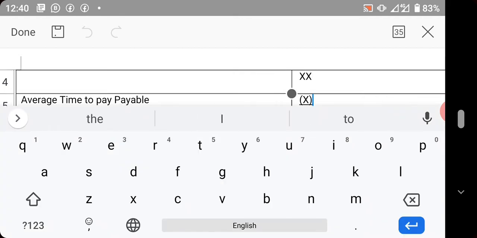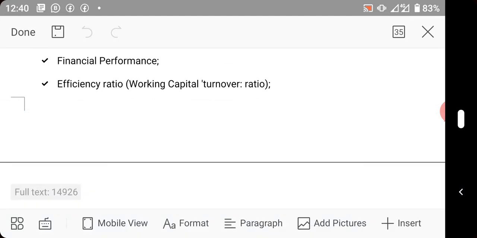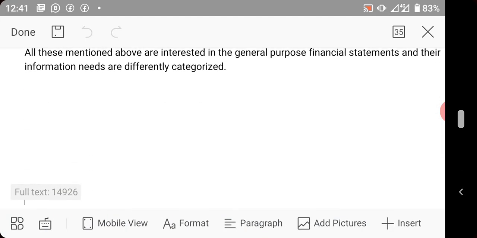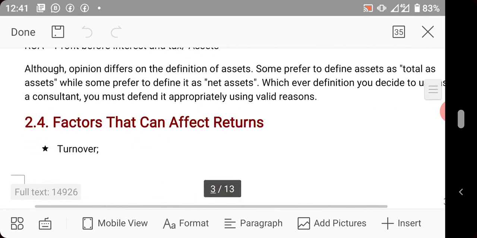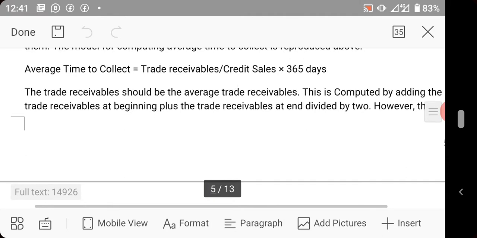That will now give you cash operating cycle. So that is the formula for calculating our cash operating cycle, as the case may be. So with this, we progress further.